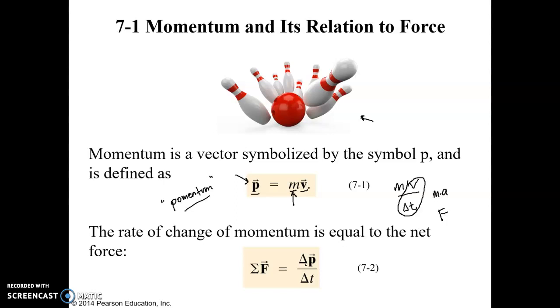So we can say that a change in momentum over time, m delta v over t, is equal to ma, which is equal to force. So the sum of forces acting on an object can be described as a change in momentum over a change in time. So when this bowling ball strikes the pins, its momentum is transferred to the pins. It delivers a force to those pins and knocks them over.